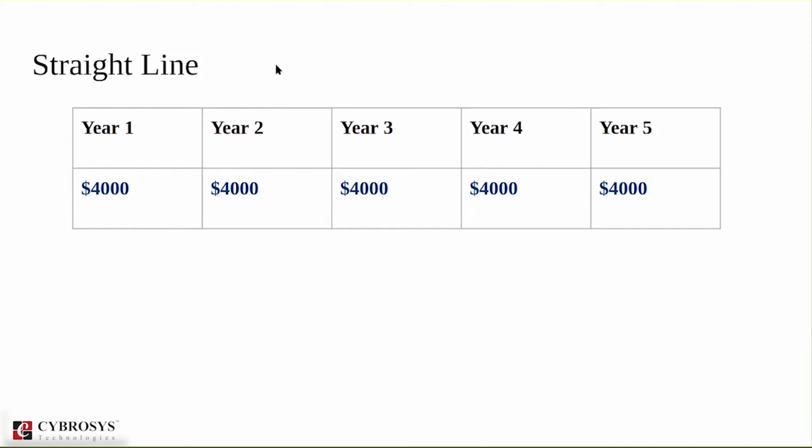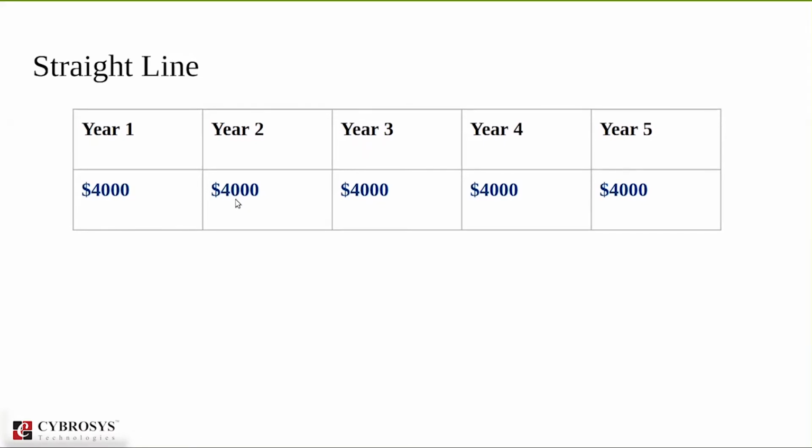That is, 20,000 divided by the total period 5. So 20,000 divided by 5 is 4,000, and that 4,000 is expensed each year as depreciation expense. You can see each year 4,000 is marked as expense. A depreciation entry will be created with this amount in draft mode.